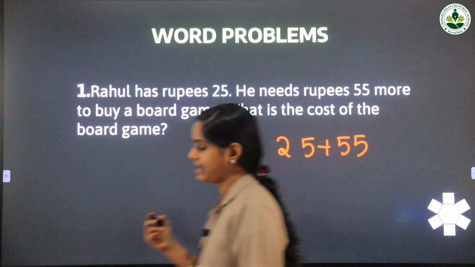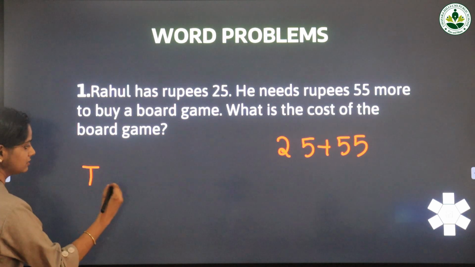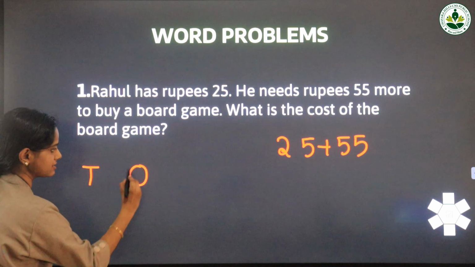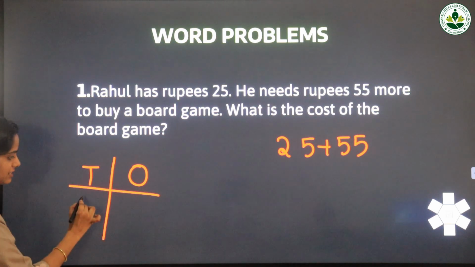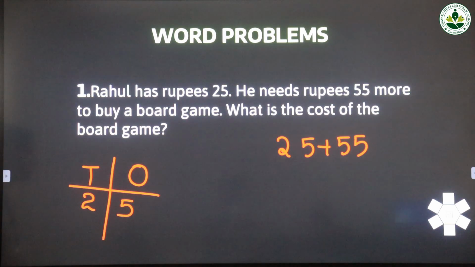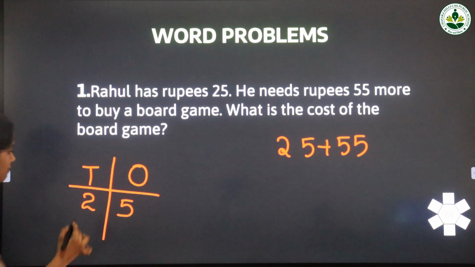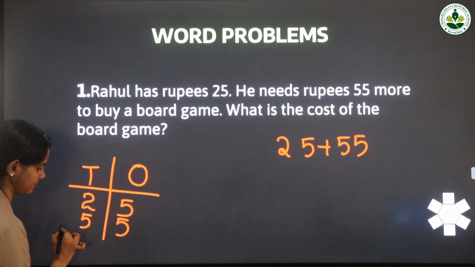For this we place these numbers in the place value chart. This is the tens column and this is the ones column. How many tens and how many ones in the number 25? 2 tens and 5 ones. The number 55 has 5 tens and 5 ones.